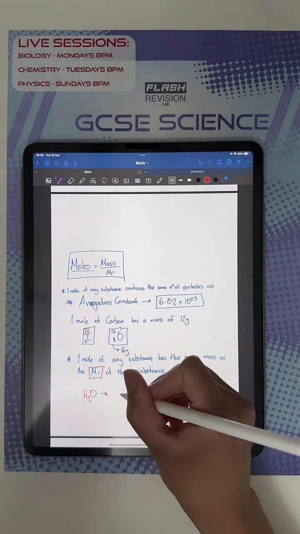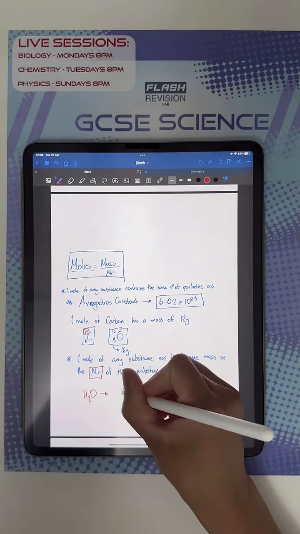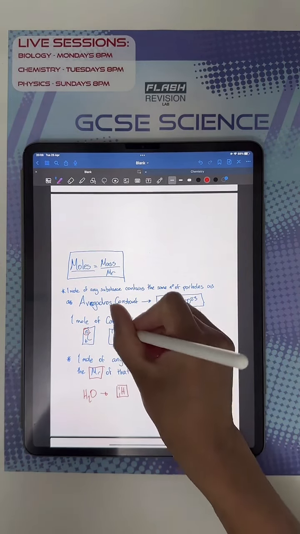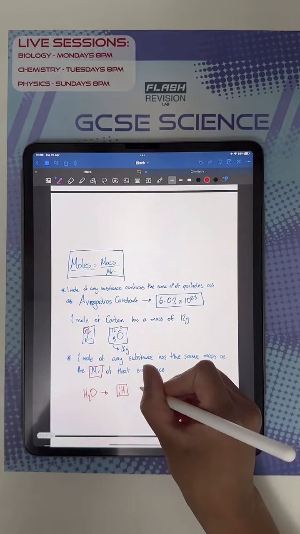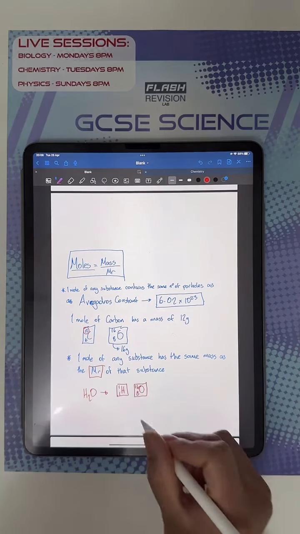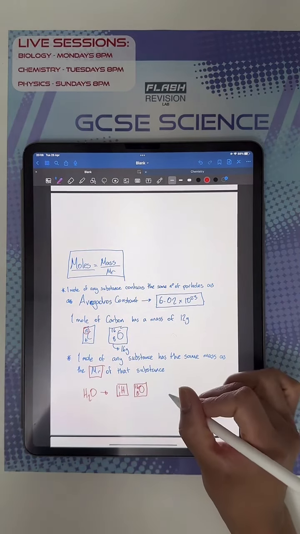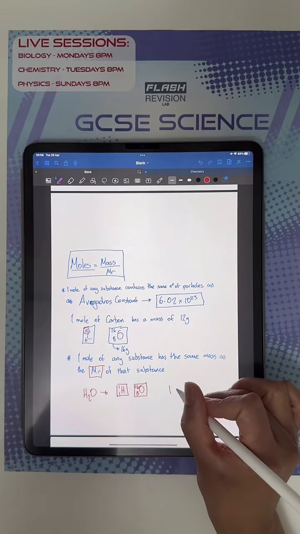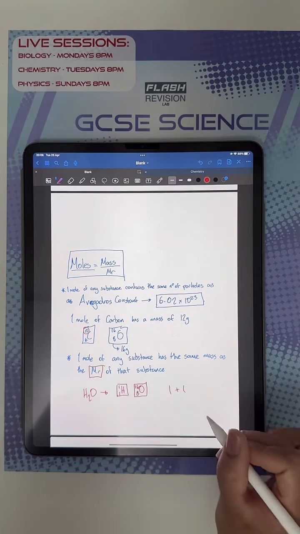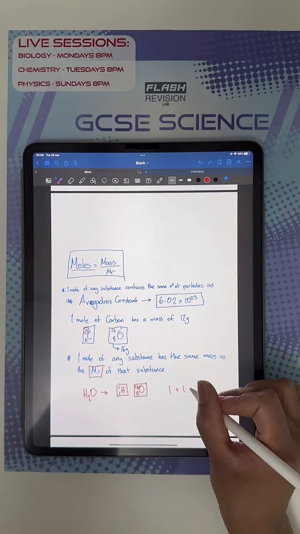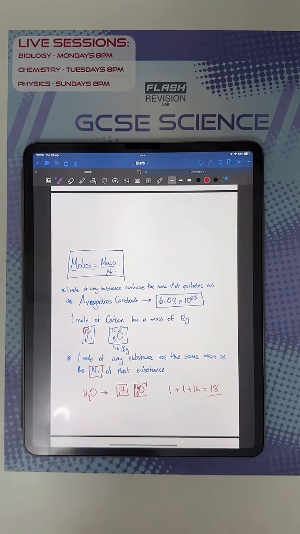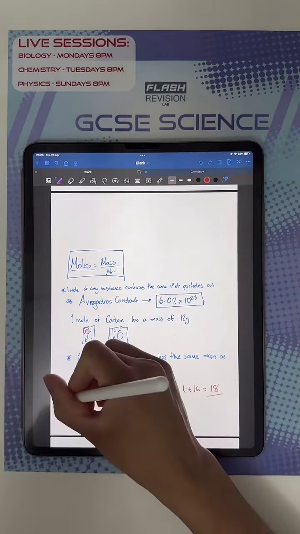So you go to the periodic table, you look at hydrogen, it's a 1 and a 1. Oxygen we've got up here is a 16 and an 8. And what you do is you get the big numbers and you add them together. So H2 means there's 2 hydrogens. So it's going to be 1 plus 1 because the hydrogens have a 1 on them. And 1 oxygen, so 1 plus 1 plus 16 is equal to 18. And that gives us the MR of H2O.